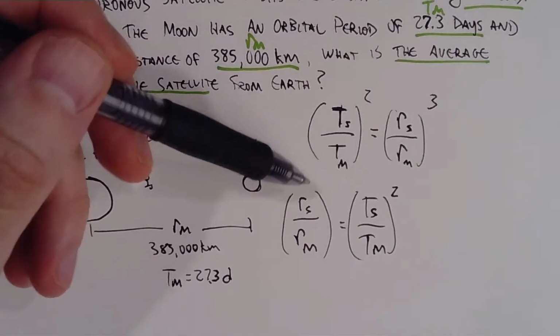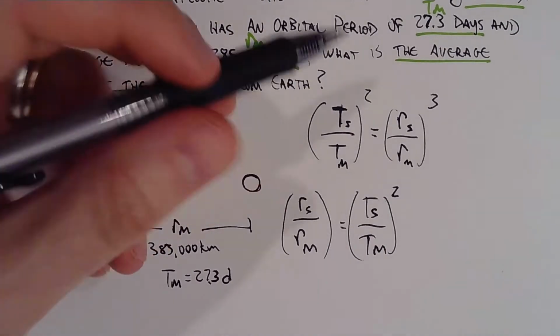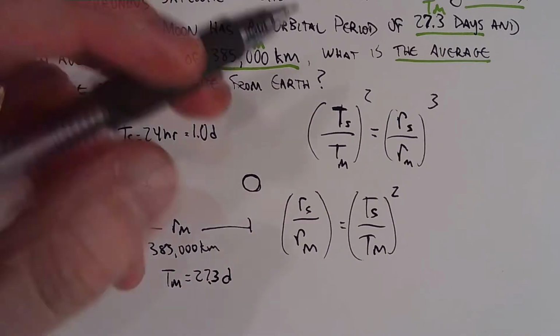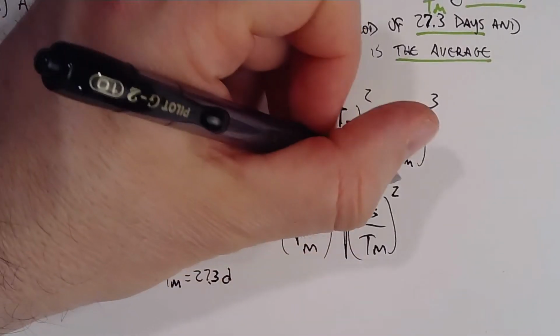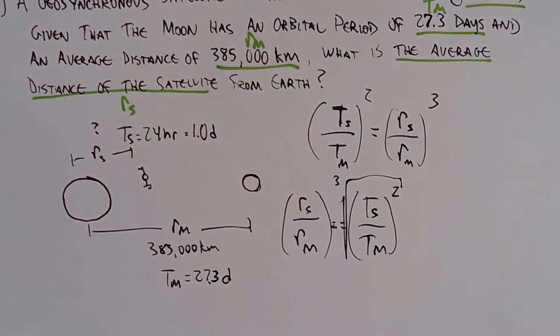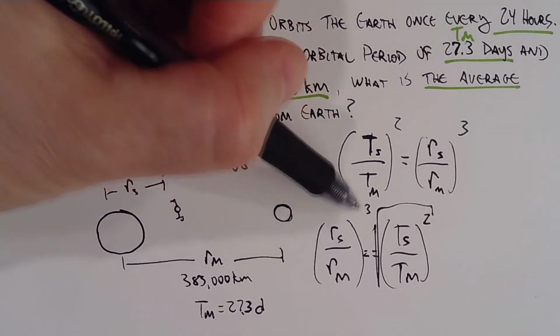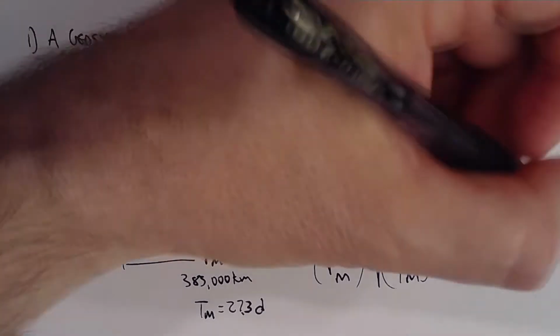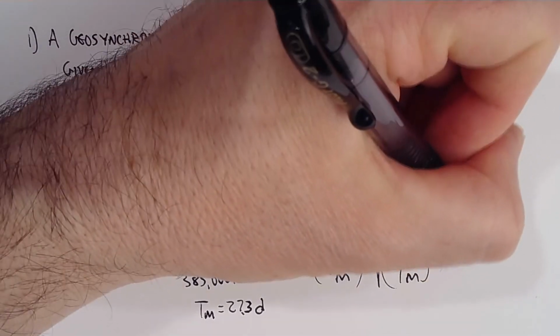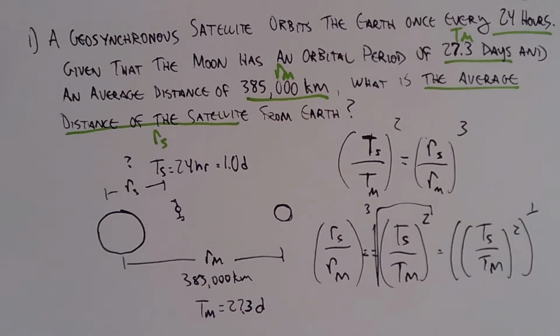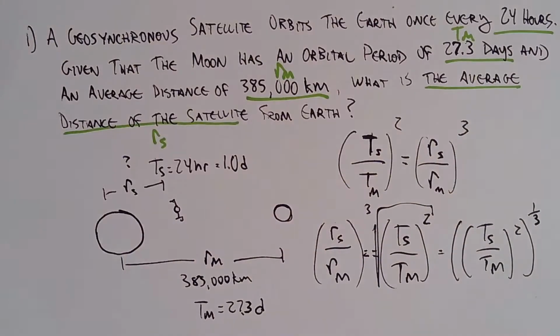Now, if you are getting rid of a cube, you can take what's known as the cube root. Okay, so RS over RM cubed. To get rid of the cube, take the cube root. Now the cube root is the same as saying TS over TM squared. Just like taking a square root is to the 1/2, taking a cube root is to the 1/3.